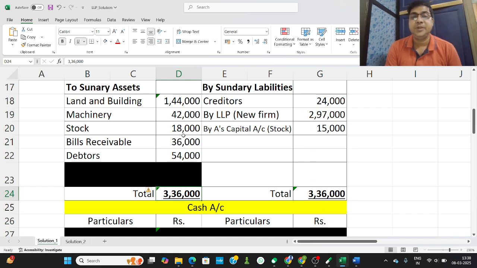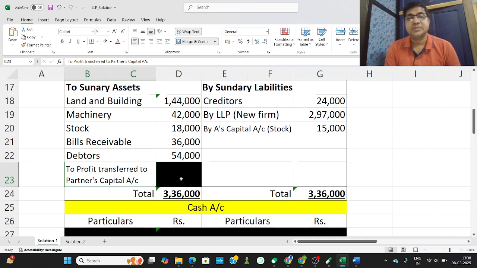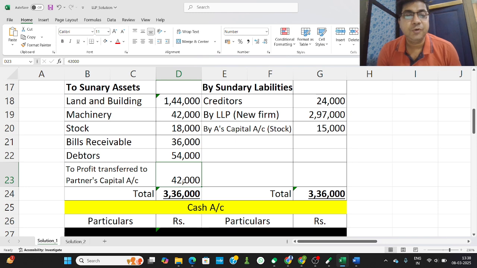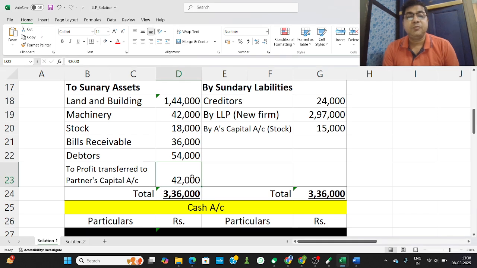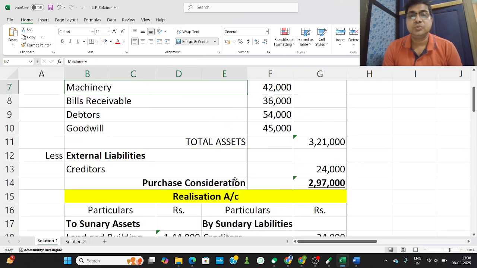The credit total minus debit total, the rest of the value will be considered as a profit on realization, and it is transferred to partners capital account. The amount will be 42,000. As you know, their profit sharing ratio is 3 is to 2 is to 2. So this particular profit 42,000 will be transferred to the partners capital account. It is distributed among the partners as per their profit sharing ratio, that is 3 is to 2 is to 2.